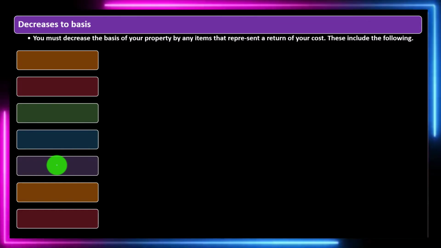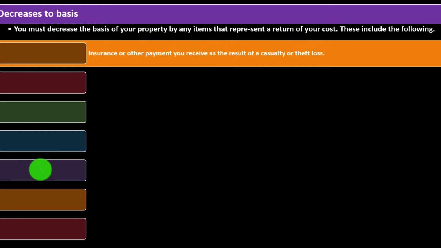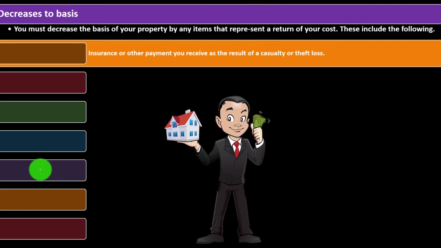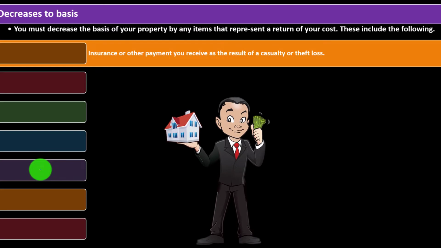So, decreases to basis. You must decrease the basis of your property by any items that represent a return of your cost. These include the following. So we have to decrease the basis. Basis going down is usually bad, because we want to have a higher basis, because when we sell the property, we're going to have to recognize possibly a gain or a loss, let's say a gain, and a higher basis will mean a lower gain. Remember, gains are good in real life, but they're bad for taxes.